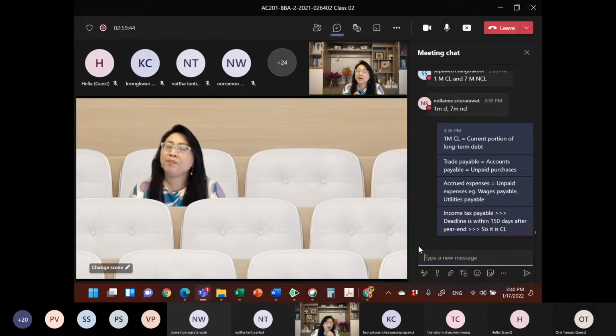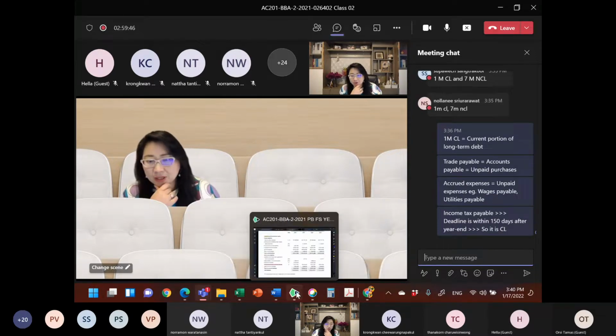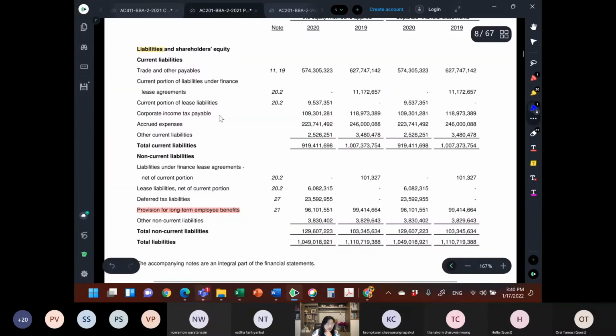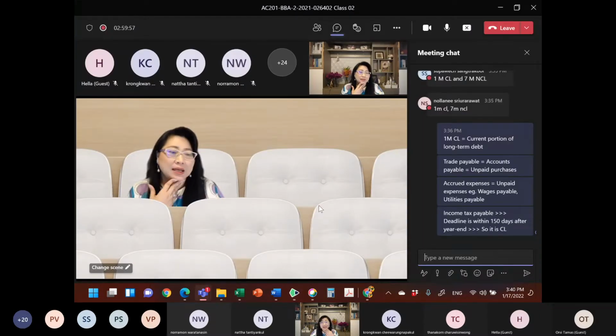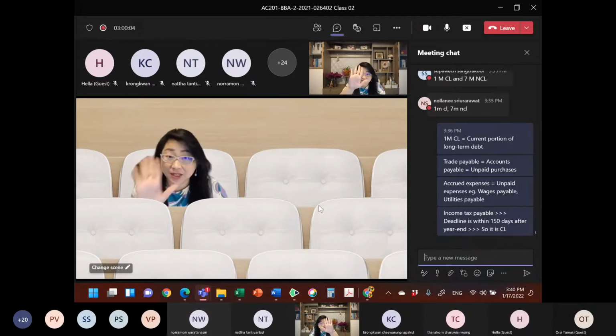All right. Now, another item that I think you should also know is the corporate income tax payable, right? For the corporate income tax payable, everyone, the deadline for tax payment in Thailand is within 150 days after year end. So it's 5 months.